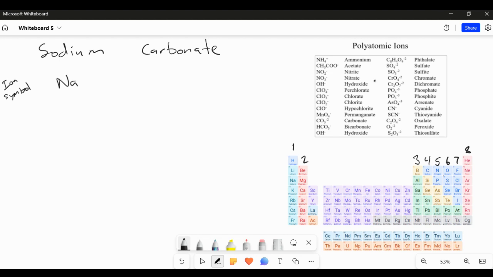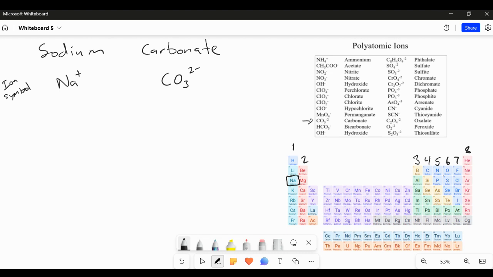Just Na, and it's got a plus charge. We know it's got a positive charge because it is a group 1 element. Carbonate, if we look right here on the table, is CO3 2 minus. So 1 carbon and 3 oxygens bond together, and they have a -2 charge when they do this.